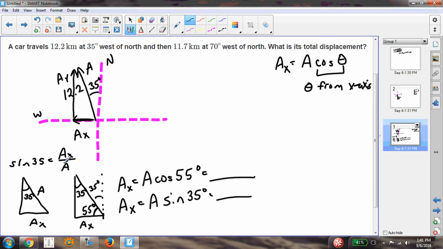So, on these, two things that I want you to recognize. One, the cardinal directions for these are measured off of the vertical axis. West of north, east of south, those are measurements off of the vertical axis, which we've been calling the y-axis. And then also, when you measure angles off of the y-axis, it flips that definition for the components.